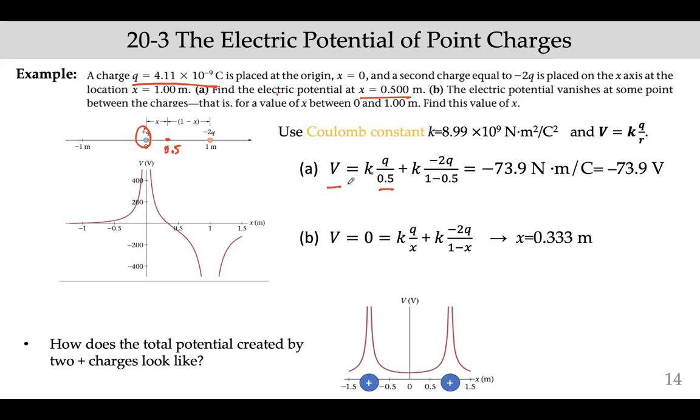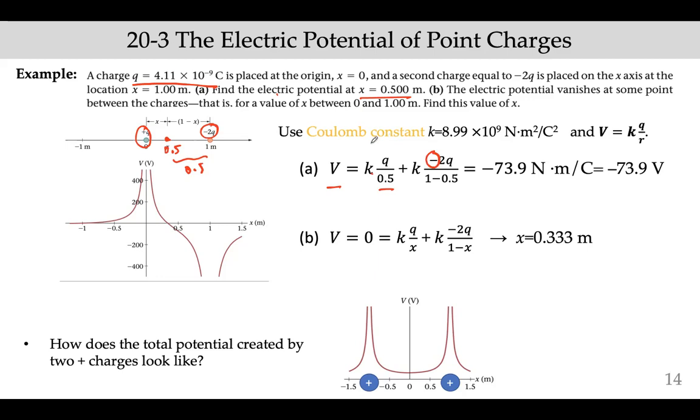Remember, we don't take the square. It's just R for the potential. And this charge will also create potential at this point. Again, the distance is 0.5, or we can write it as 1 minus 0.5, same thing. Notice that the second charge is negative.